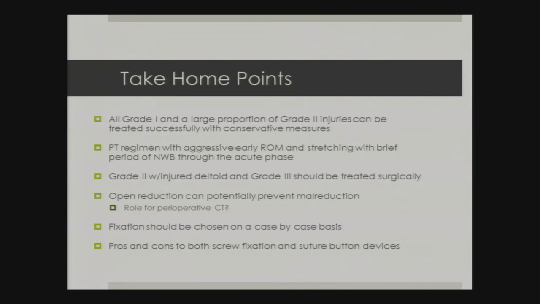It seemed to be the consensus in the literature that an open reduction was preferable to closed reduction, mainly because the consequences of malreduction can be severe on your outcomes for that patient, and potentially using CT scan.